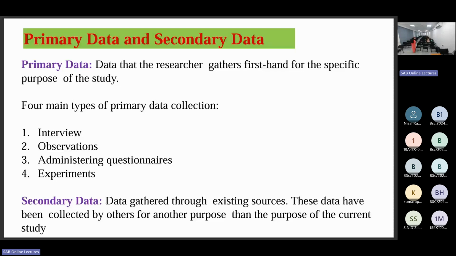So they are collecting data because they need to have an idea regarding the Sri Lankan population. That is a census. Right? That is census.